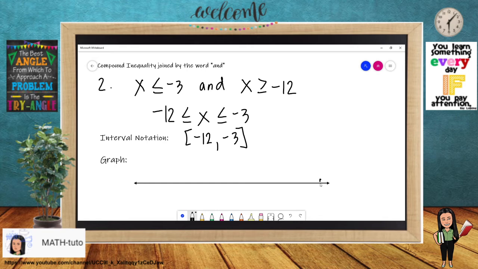Siguro, I will start with 0 here. Negative 1. Gawin nating by 2 kasi medyo madami. By 2, negative 2, negative 4, okay? So, simula negative 3 hanggang negative 12.